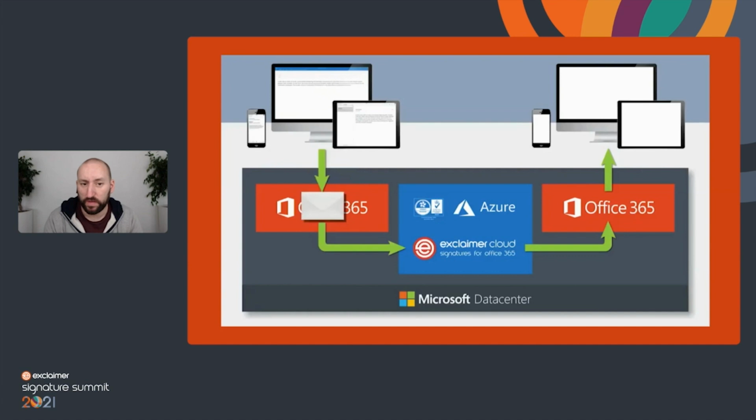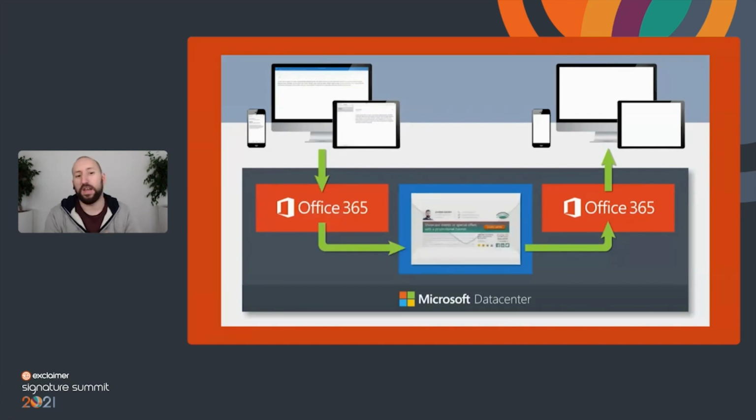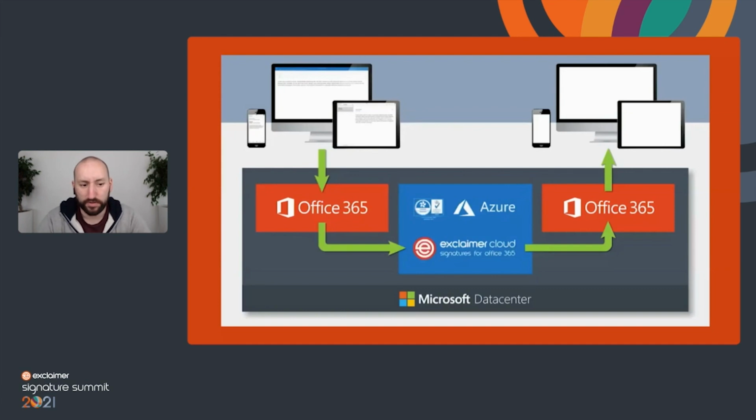The user sends emails as they traditionally would on the devices that they choose to, and that email is sent without a signature at that stage to Exchange Online, and then it connects through to our smart host. That is where signature application takes place.